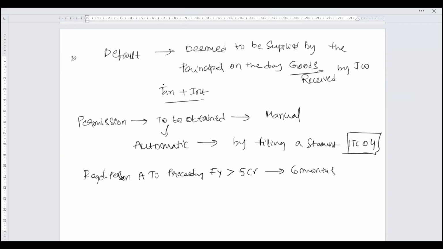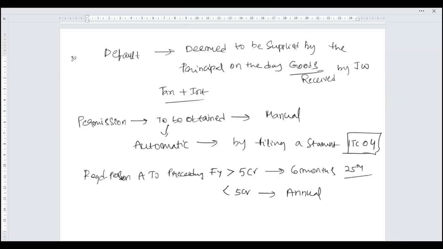April to September, by 25th October. October to March, by 25th April. That is, the 25th of the month subsequent to the period. In case it is less than 5 crore, then annually. Annually, I need to file this ITC-04.